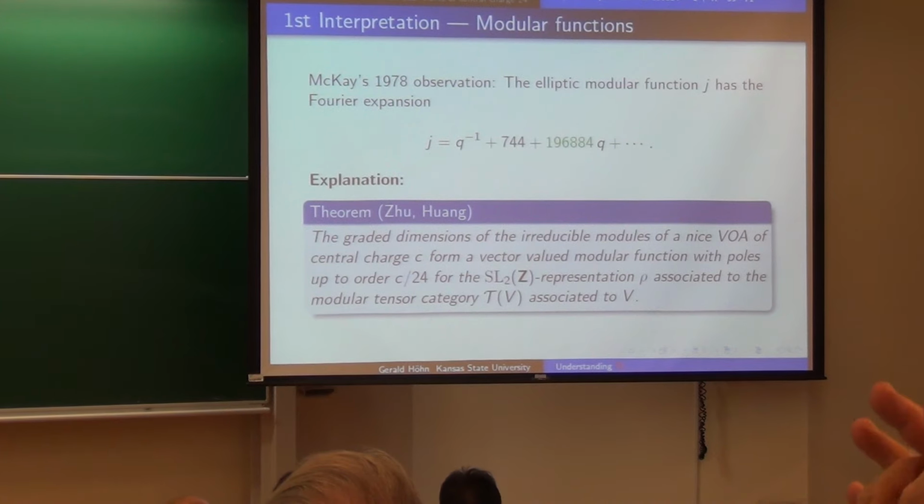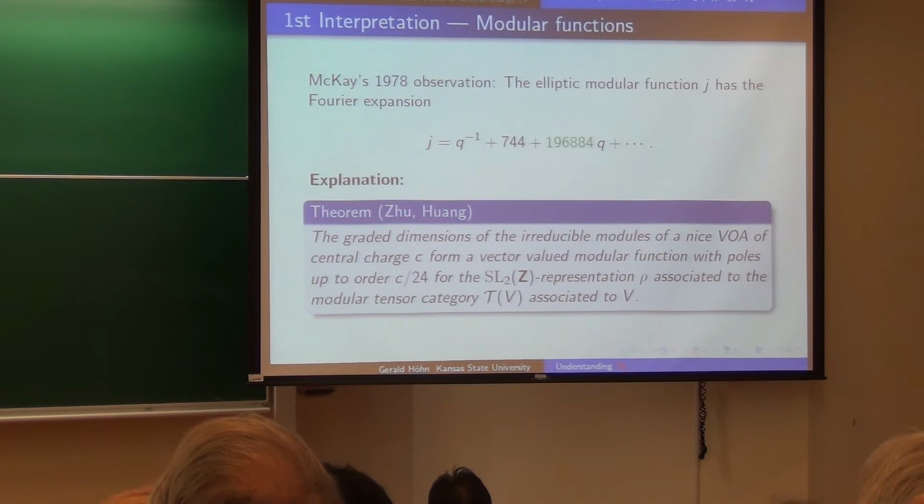And this occurrence we now understand well because the Moonshine module is a nice rational vertex operator algebra, and for such nice vertex operator algebras we know that the representation theory gives you a modular tensor category, and further this modular tensor category defines a representation of SL2(Z), and the S matrix for this representation is a character.